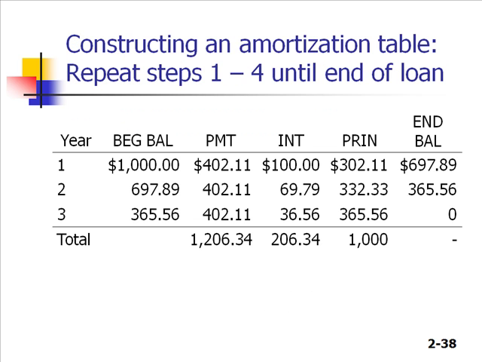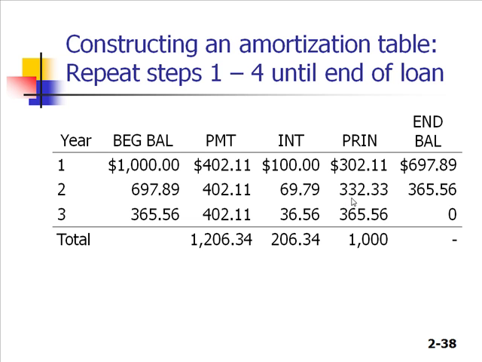Repeat those steps for the remaining years. $697.89 was the ending balance as of year 1. Well, that becomes the beginning balance as of year 2. You still have the same payment, but how much is interest this time? Less of it is interest, right? Because 10% of $697.89 is actually only $69.79. Since you made the same payment of $402.11, that means more of that payment could go toward principal.